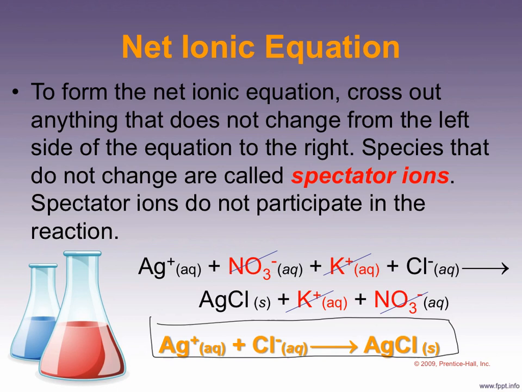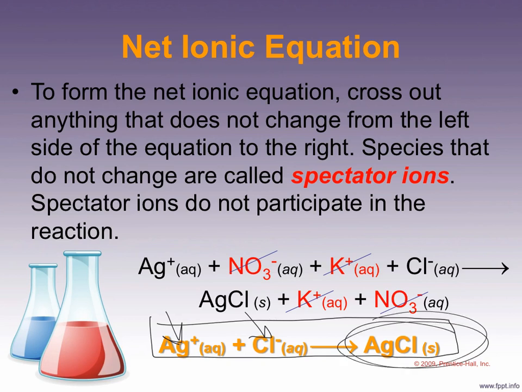So the net ionic equation shows you what's actually going on in the reaction. We have all these ions floating around, not really participating in the reaction, but what's actually reacting and making a different species is silver cation with chloride anion because they're making the precipitate.